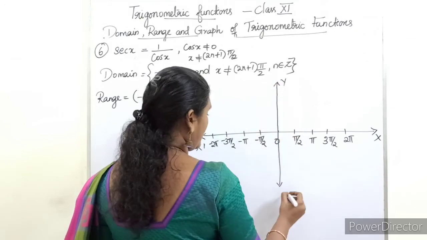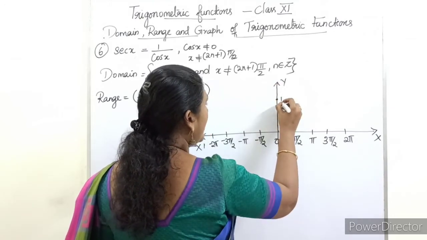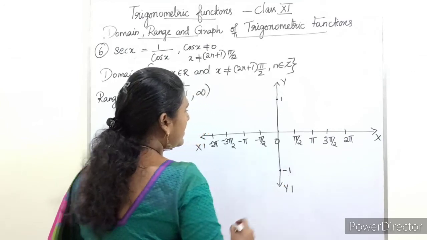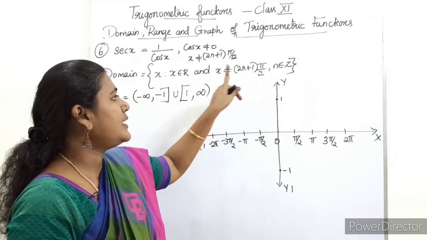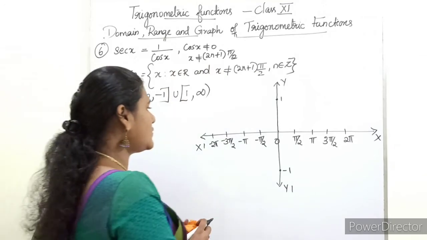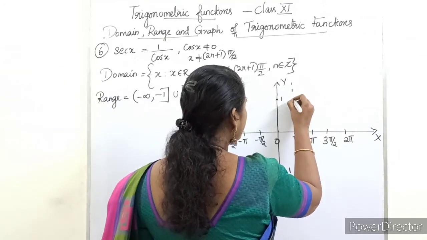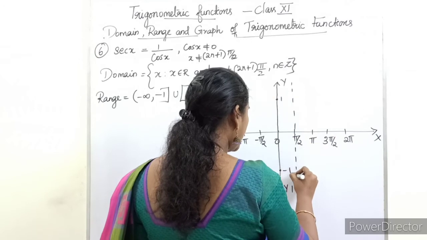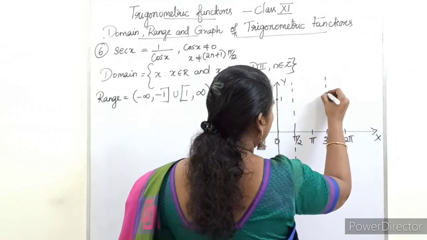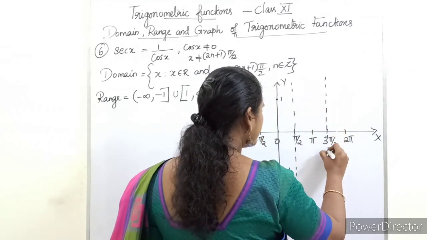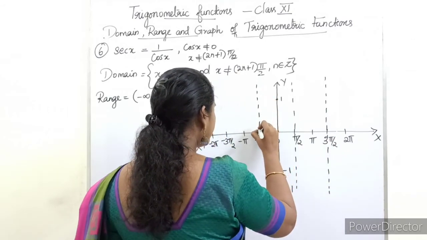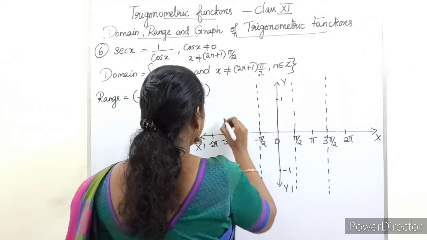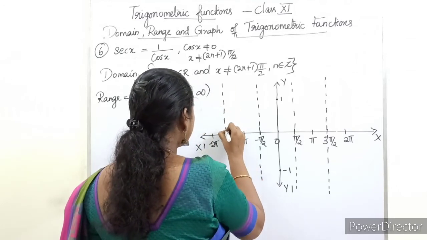So y dash, here we will have 1 and minus 1. Now you will see at odd multiples of pi by 2 the function is not defined. So for these points we will draw the arrow mark. So pi by 2, then 3 pi by 2, here minus pi by 2, and here minus 3 pi by 2.